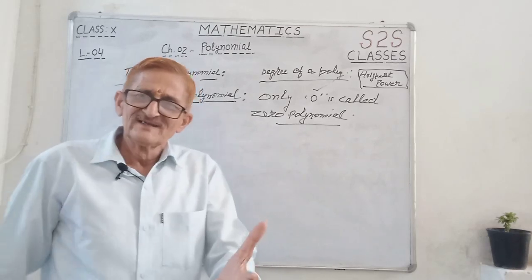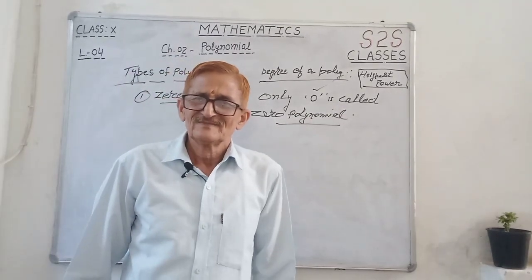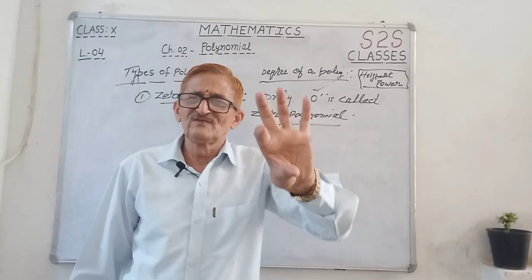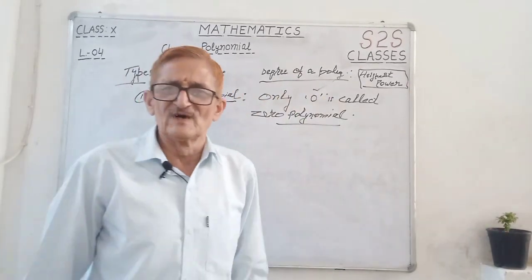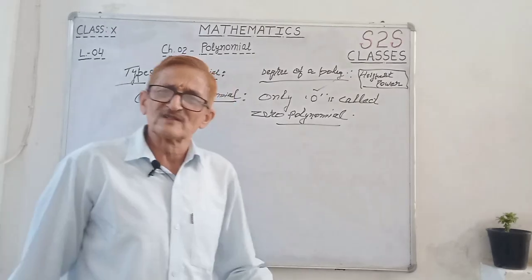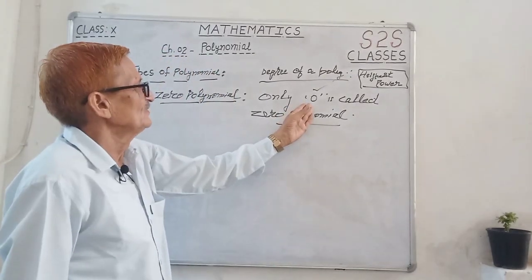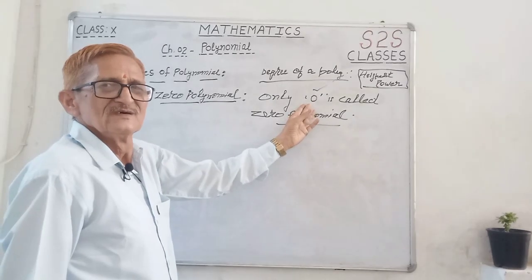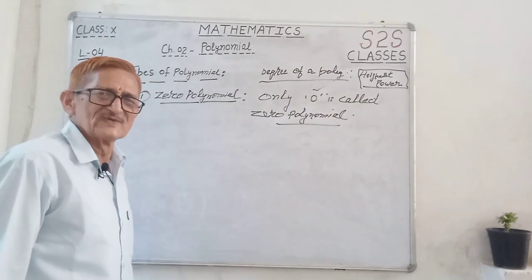And the power may be 0, may be 1, may be 2, may be 3, because every expression with non-negative integer power of the variable is called a polynomial. So what is the highest power here in the 0? What is the degree of the 0 polynomial?